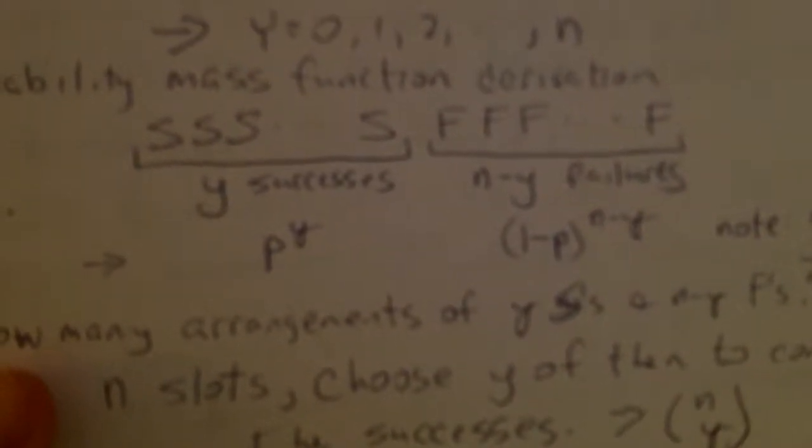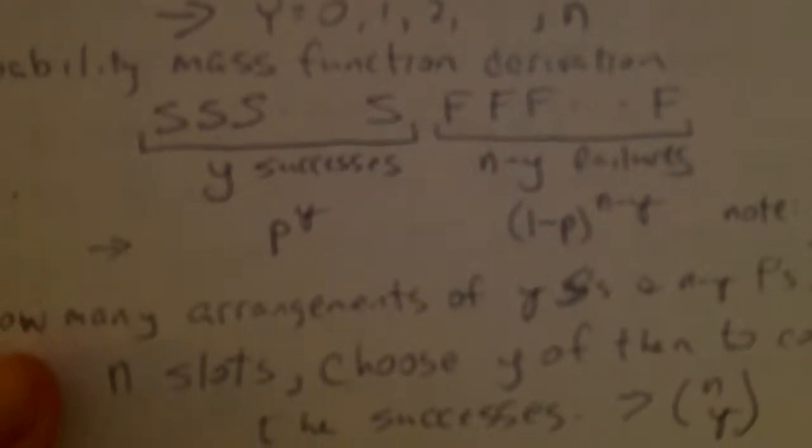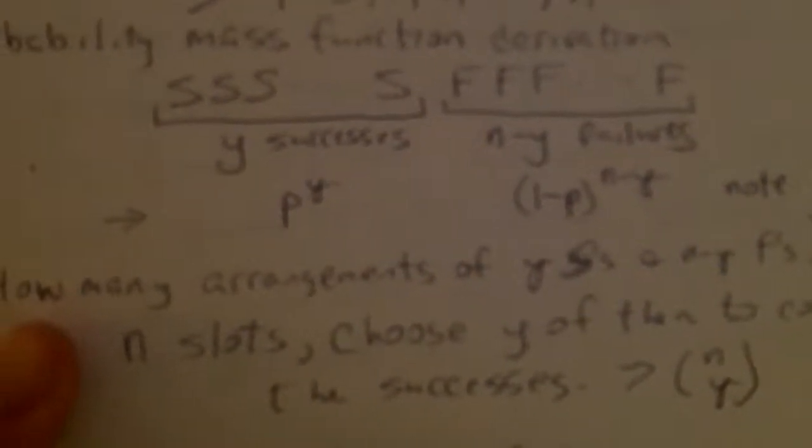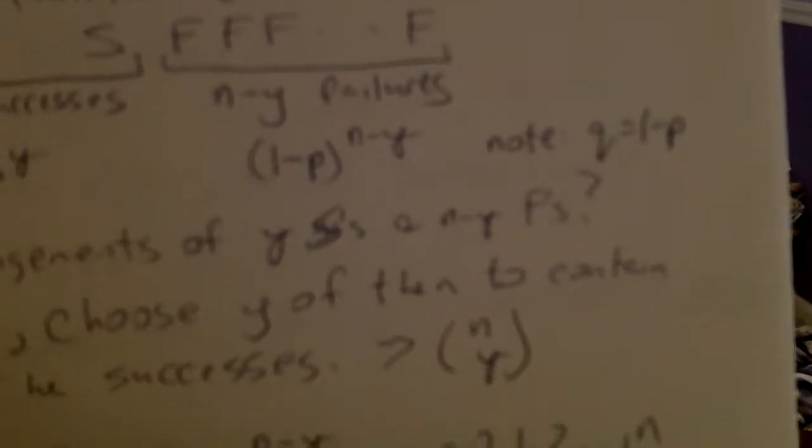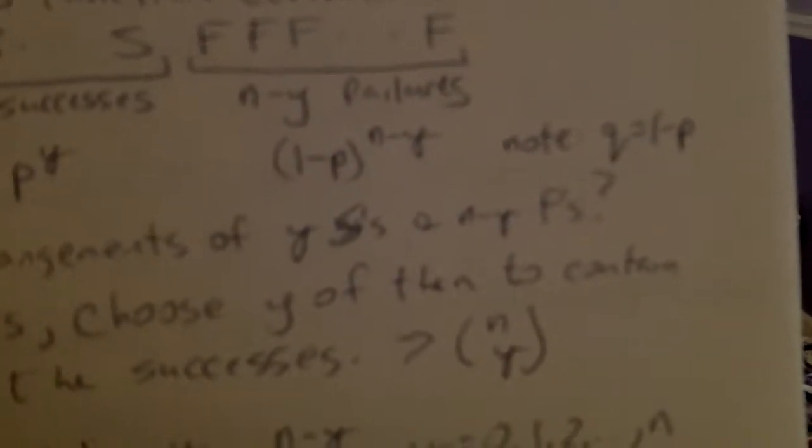Because of the independence, the probability associated with those y successes would be p to the y. The probability associated with the n minus y failures would be 1 minus p to the n minus y. From here on out we use q to represent 1 minus p. So that'll actually be p to the y times q to the n minus y.